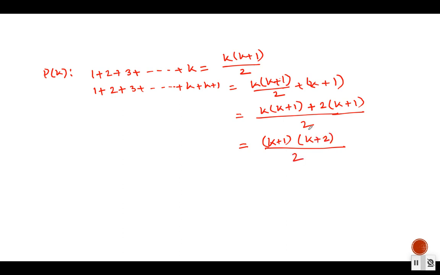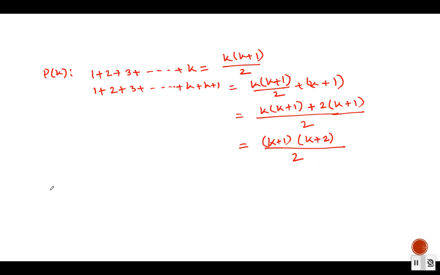Here I am using the distributive rule. You have k plus 2, you can distribute k here and 2 here, and you will find this expression. Now what is this value? This is the same as for k plus 1.